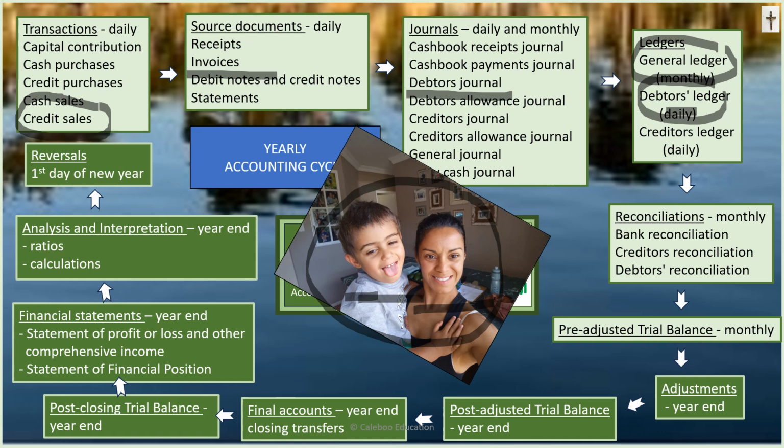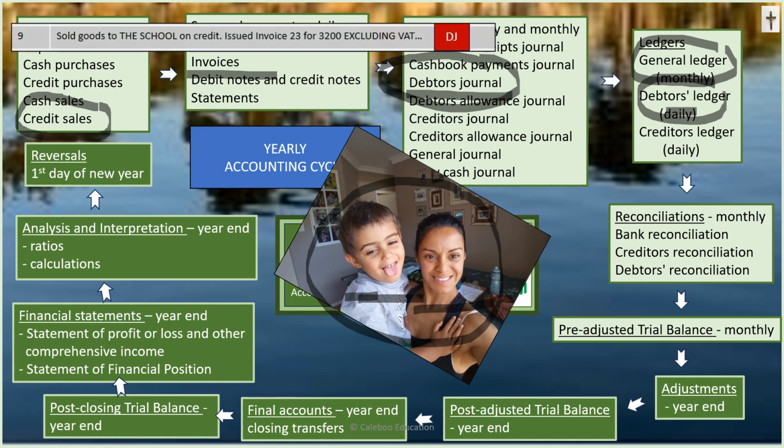But we're going to be concentrating on the debtor's journal and posting from the debtor's journal to the general ledger. This is a typical transaction that goes into the debtor's journal.